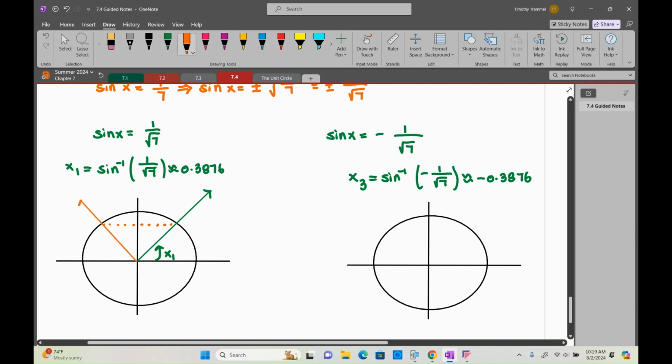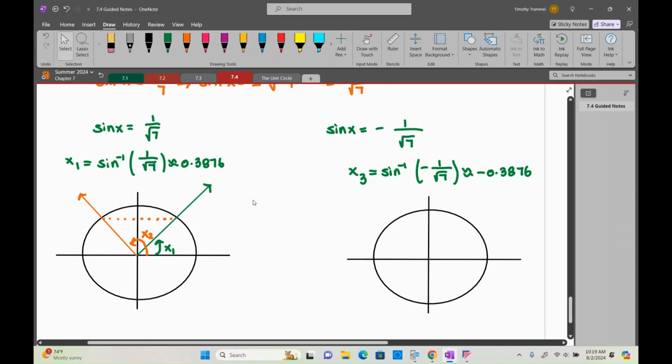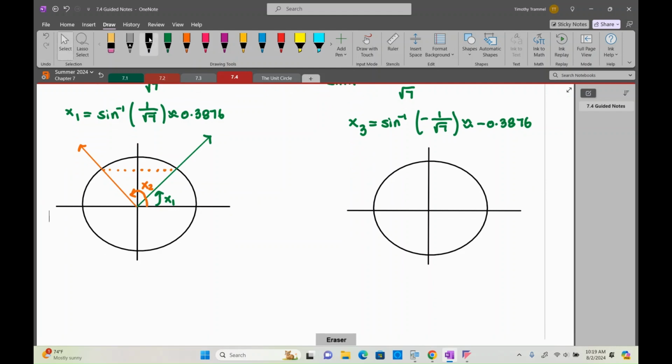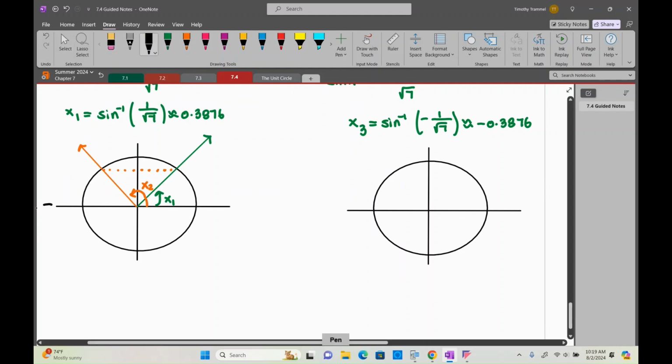There we go. Okay, so that's the angle that we're going to be looking for. Again, note that this is pi units out here. And I also want you to note that this little angle right here is actually also x1 because of the symmetry of what's going on here.